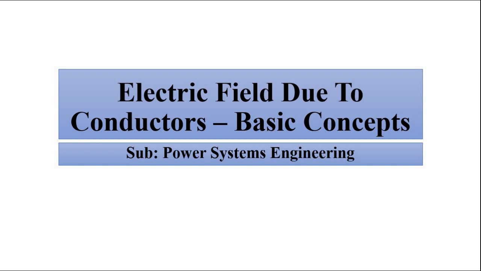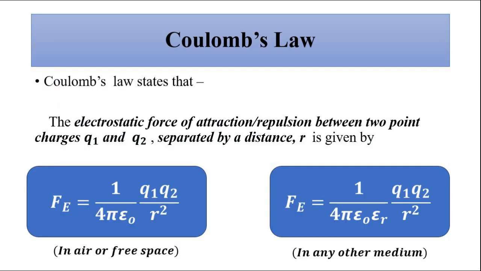So, electric field due to conductors. First, the basic introduction, Coulomb's law. It basically gives us an expression of electrostatic force of attraction or repulsion between two charges. For analysis purposes, we'll consider point charges which are separated by some distance.